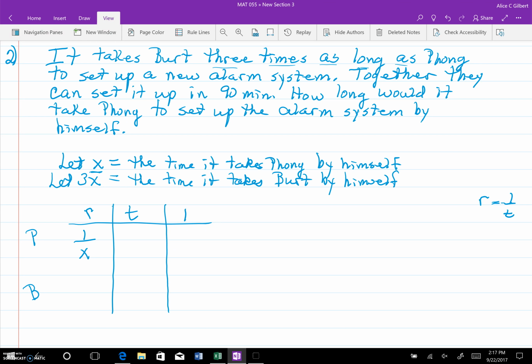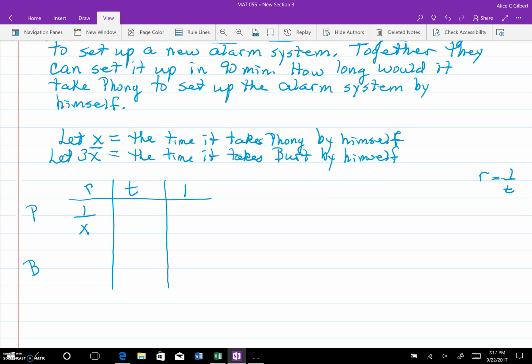I don't really exactly need that, I just want to put it there to help me when I'm trying to write this, because remember, it's 1 over time, and this is Bert's time. So 1 over 3x. Okay, so I'm doing okay then.